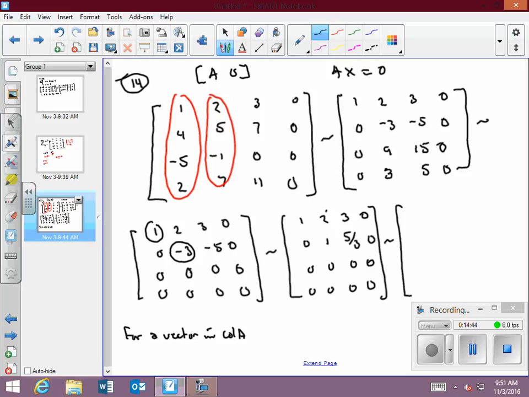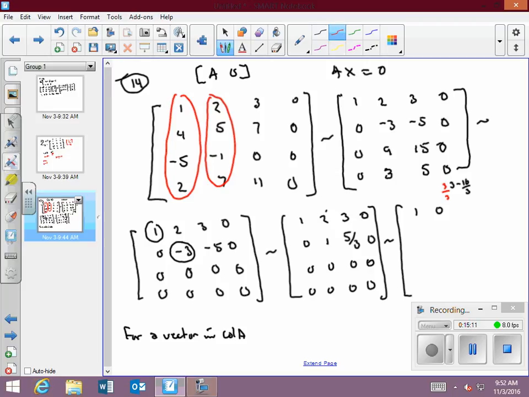So then I'm going to multiply the second row by -2, 1, 0. So that's going to be a minus. This one's going to be 3 minus 10 over 3, right? So I'm doing it up here so I can count.